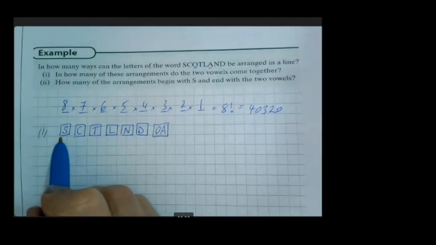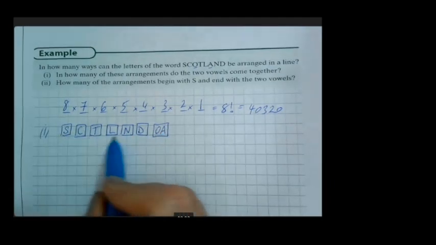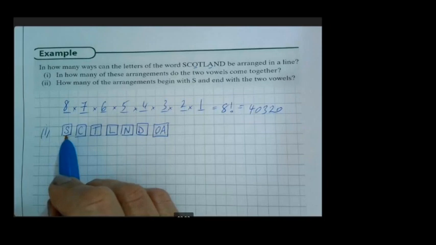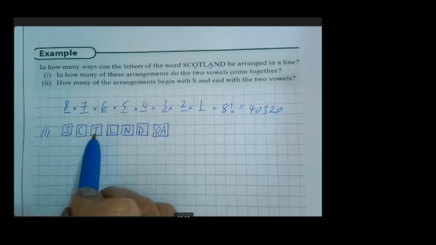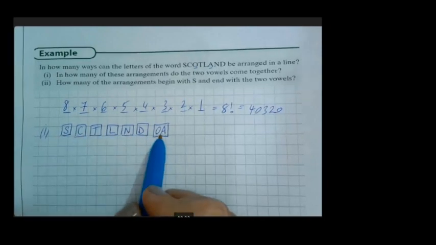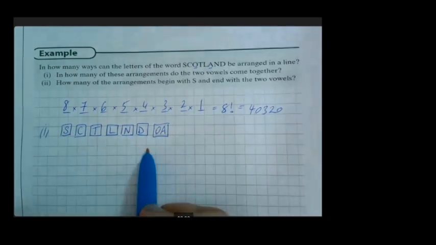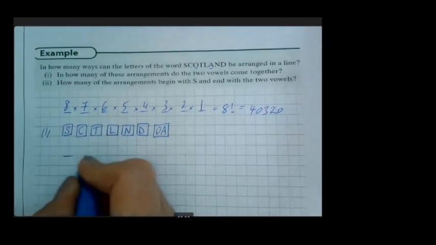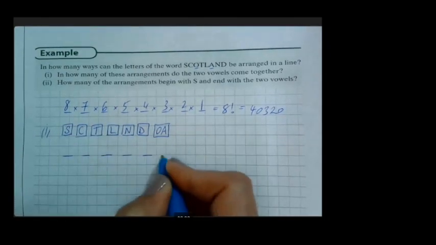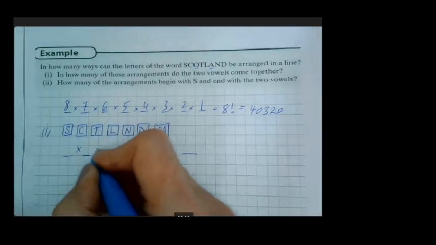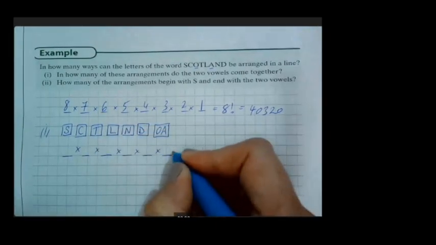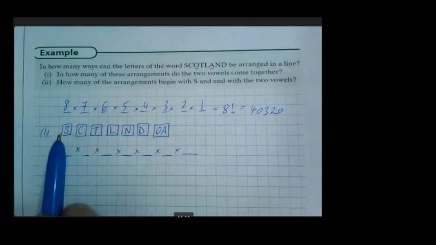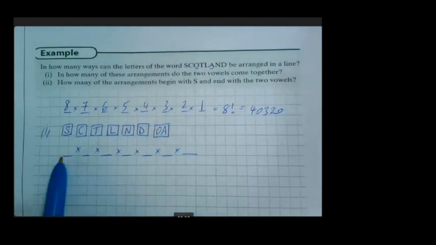Now, how many things am I considering to move around in the arrangement? I've got 1, 2, 3, 4, 5, 6, 7 tiles to consider moving around in different arrangements. So 1, 2, 3, 4, 5, 6, 7, with a multiplication sign in between each of them. So you see, I have 7 options for that first position.